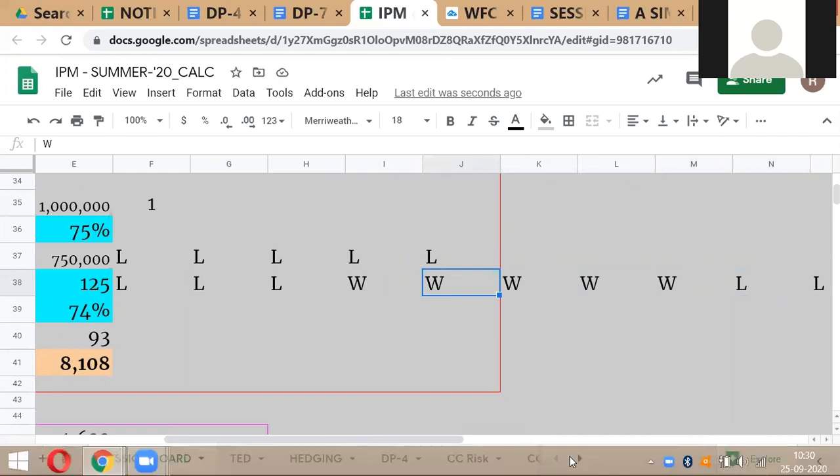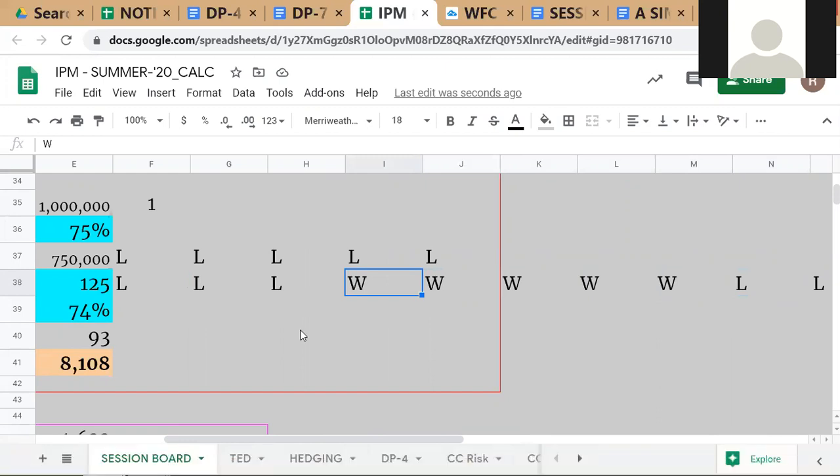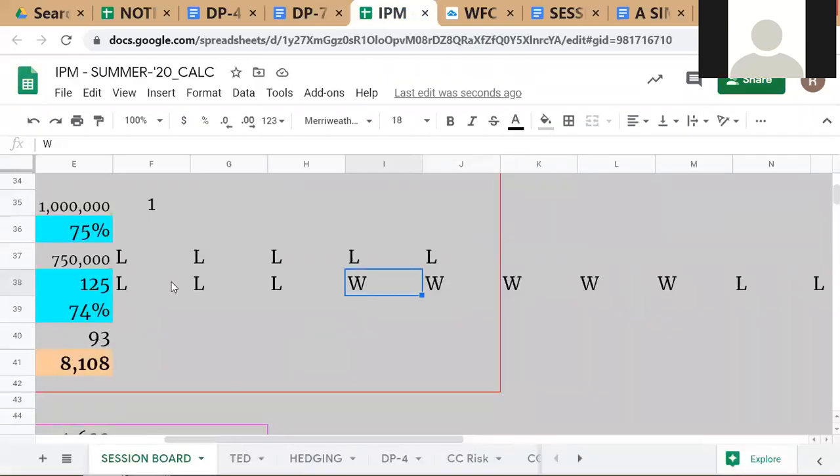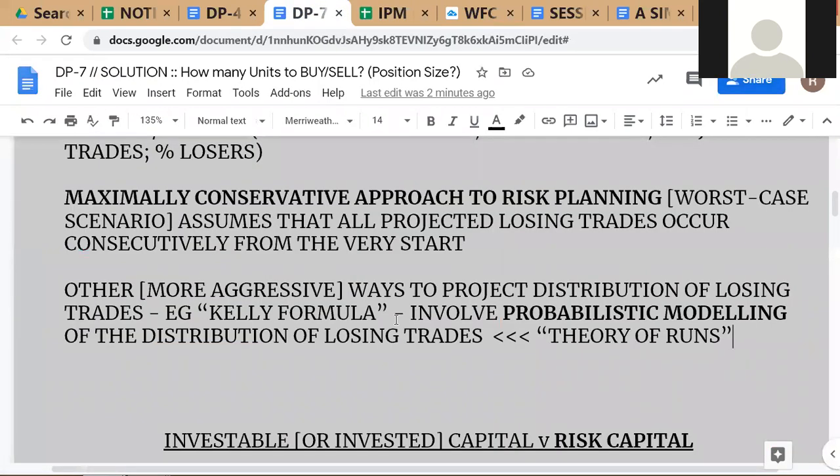So there is a branch of statistics which deals with this kind of thing. Your head will start spinning if you start thinking about all the possible scenarios, especially if you have a very large number of trades. How many types of scenarios can happen? So usually people do some kind of probabilistic modeling by using Monte Carlo or some other probabilistic modeling method.